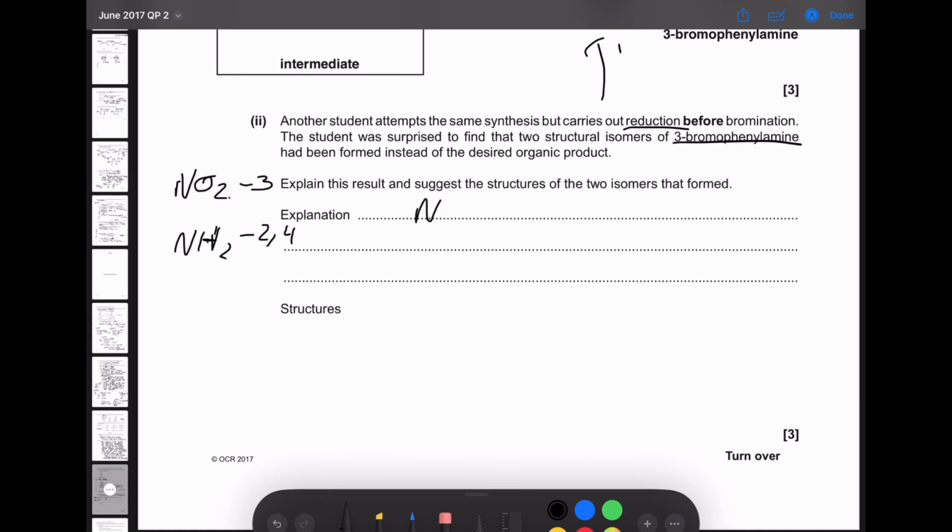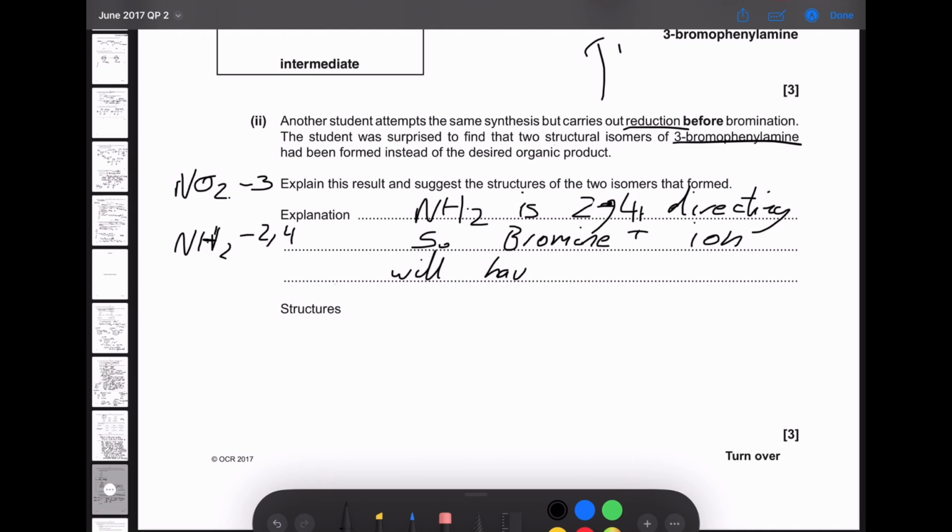So NH2 is 2,4 directing, that should be a comma, not a dash. So bromine plus ion will have substituted to positions 2 or 4.